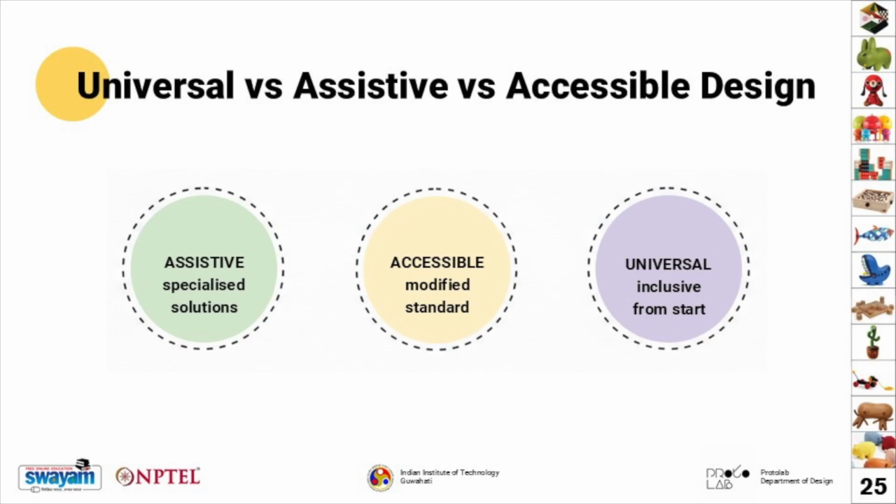These three terms, universal, assistive, and accessible design, are often used interchangeably, but they describe very different design philosophies. Assistive device creates a dedicated product for a specific group.